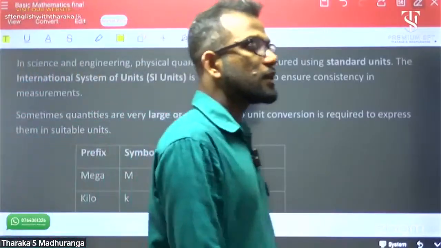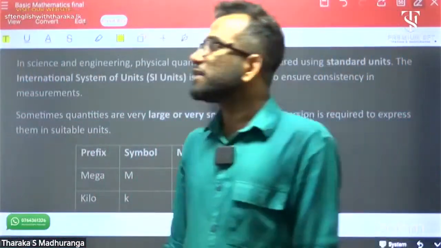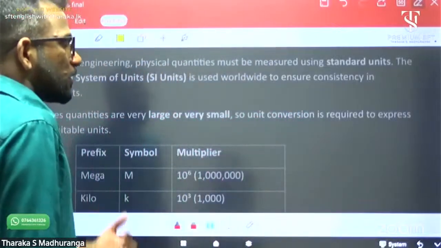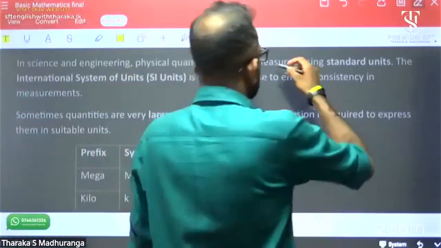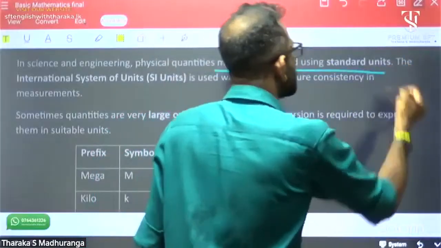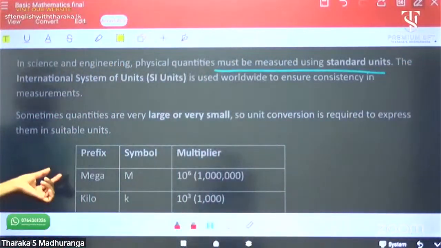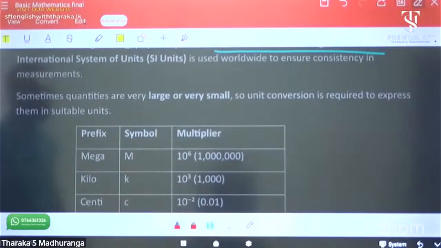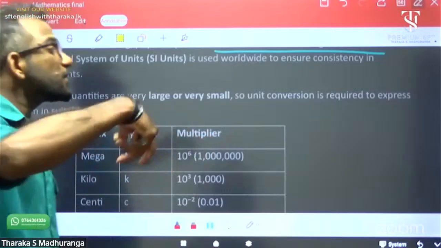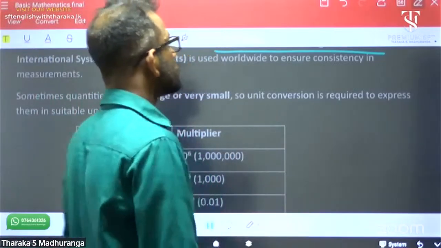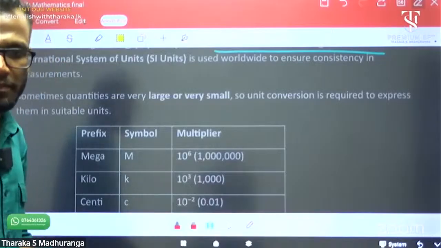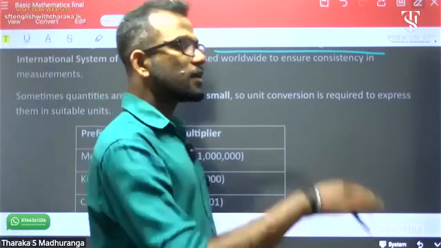Standard measurements and SI units are very important. The International System of Units, the SI unit system, is used worldwide to ensure consistency in measurements.